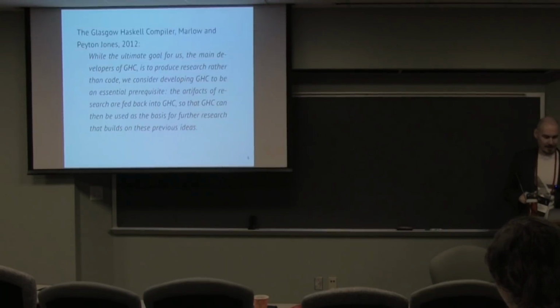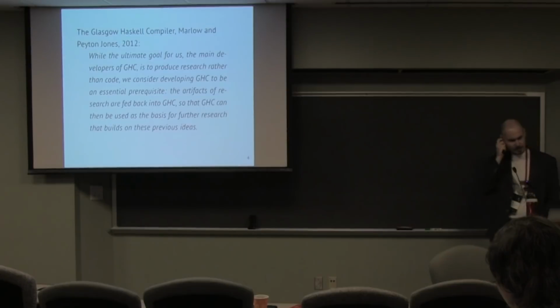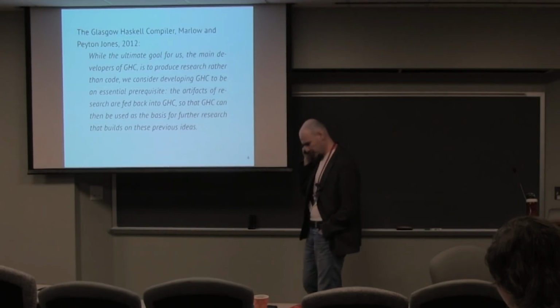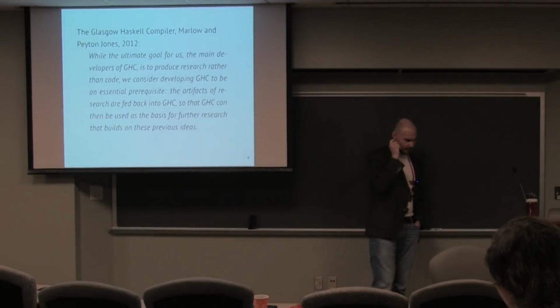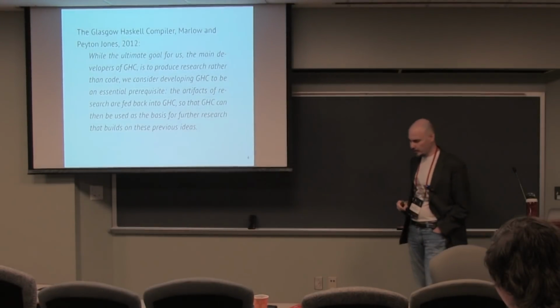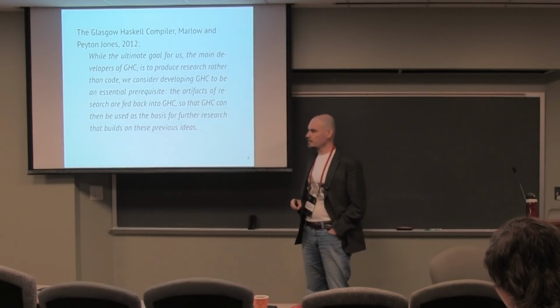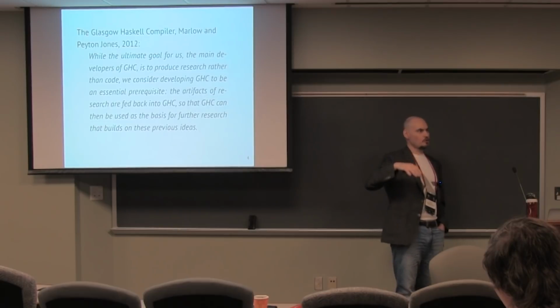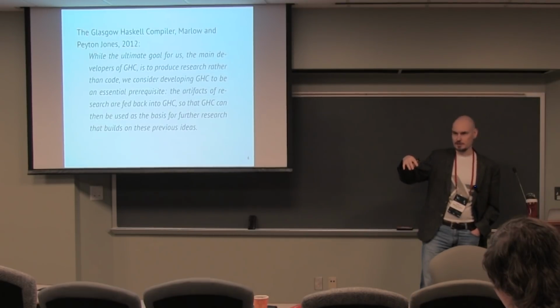Okay, and this is one of the most interesting quotations from the paper. It's not actually a paper. The Glasgow Haskell Compiler is an article in the book Architecture of Open Source Applications.